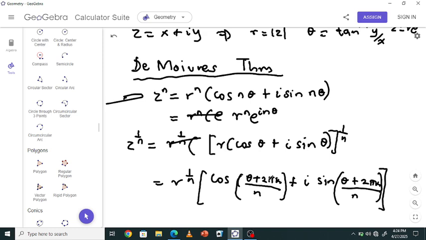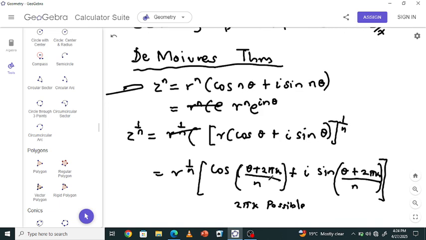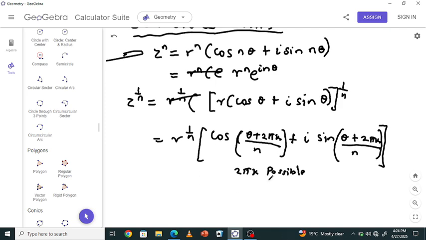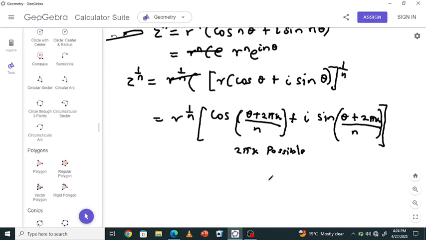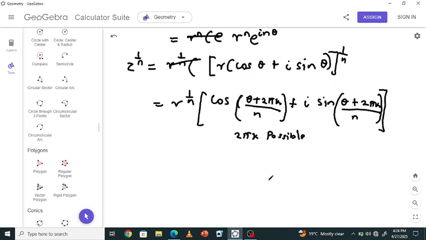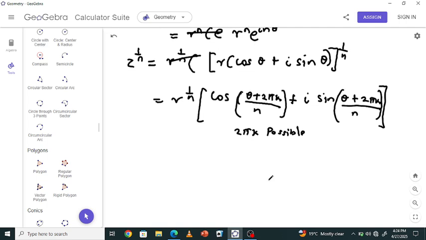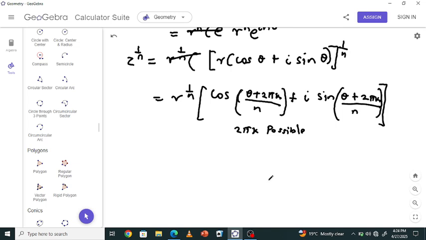And you know we are adding 2 pi k because we have multiple possible angles. So we are adding it there, meaning we can get as many roots as we want. But that one will be handled in a special video. And another thing we have is how we can apply the polar form of a complex number.